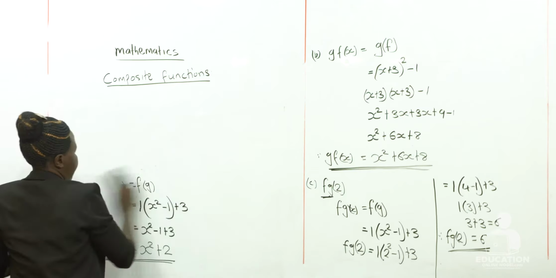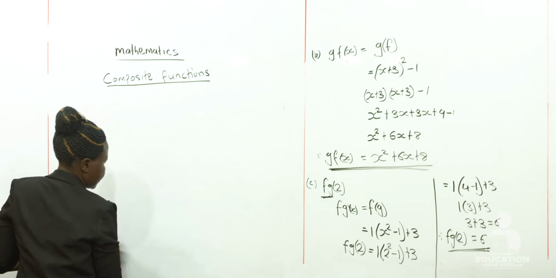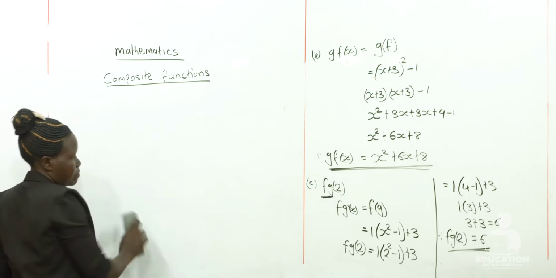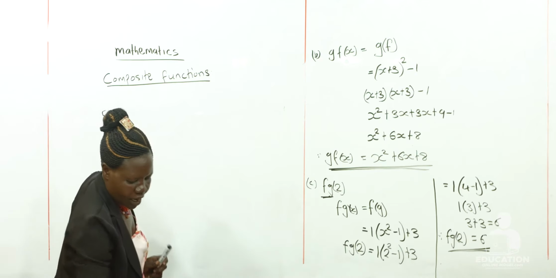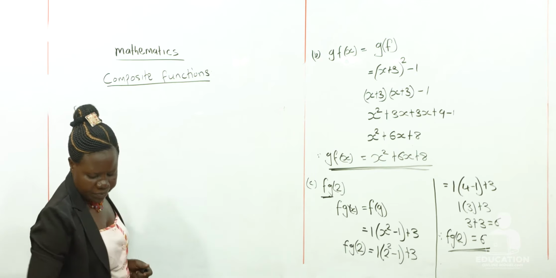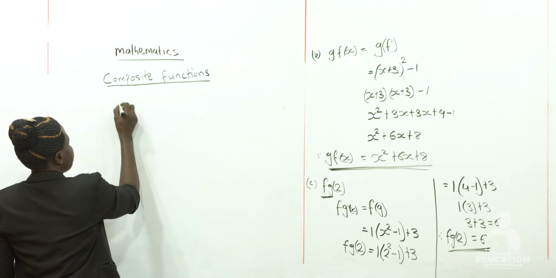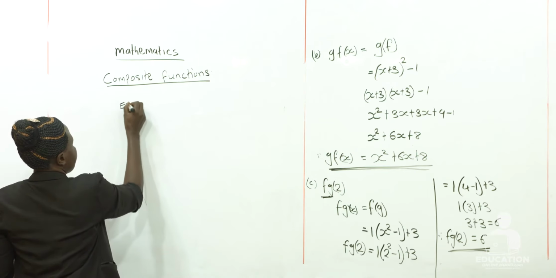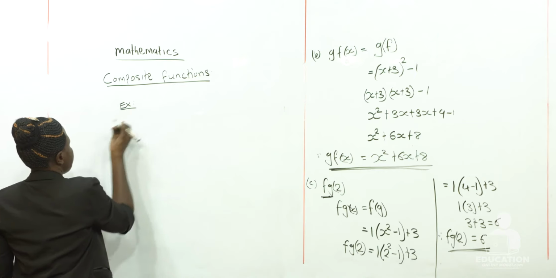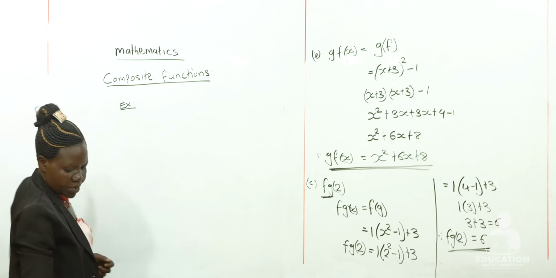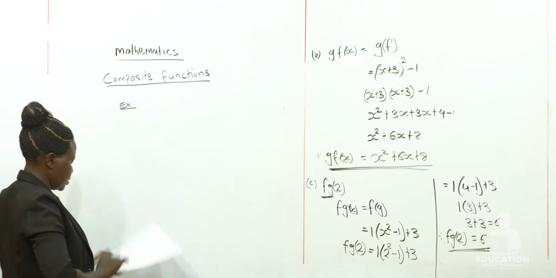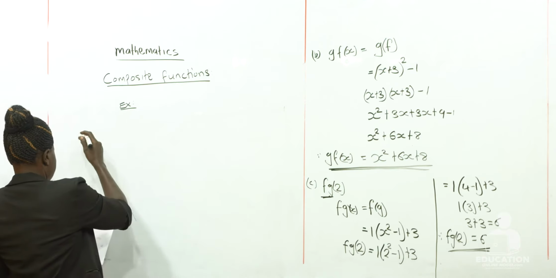So we are just completing the part of the composite function which remained, and therefore I want you to take these questions as your exercise. Meanwhile, we shall continue with another concept.